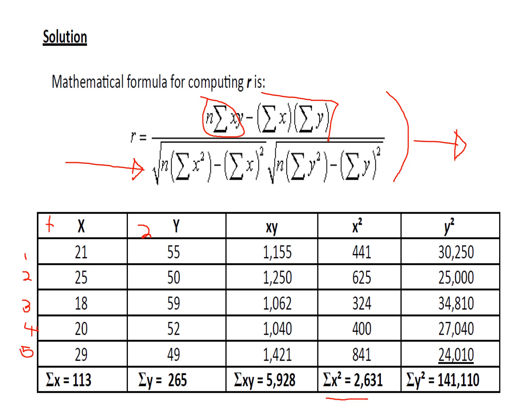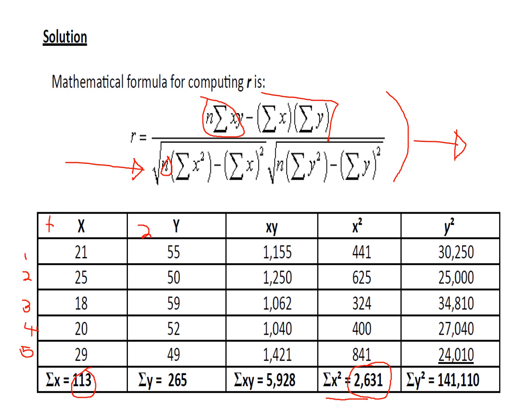So we know it's 2631, and we take this away from the sum of x. The sum of x is here. So if we take 2631, minus from 113, and then times by the number here, which is 5 rows, then that gives us an answer.